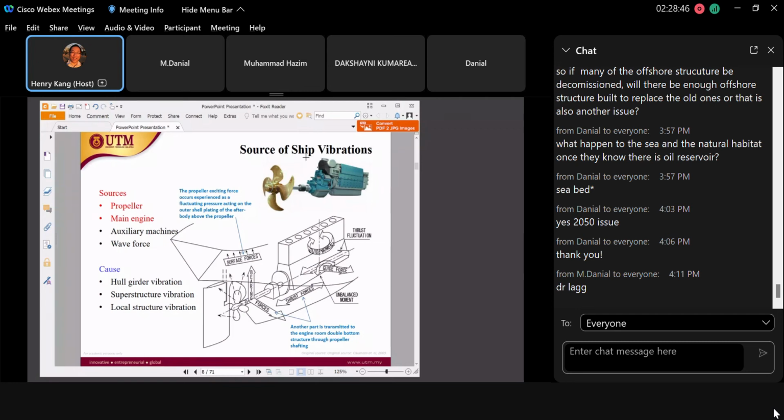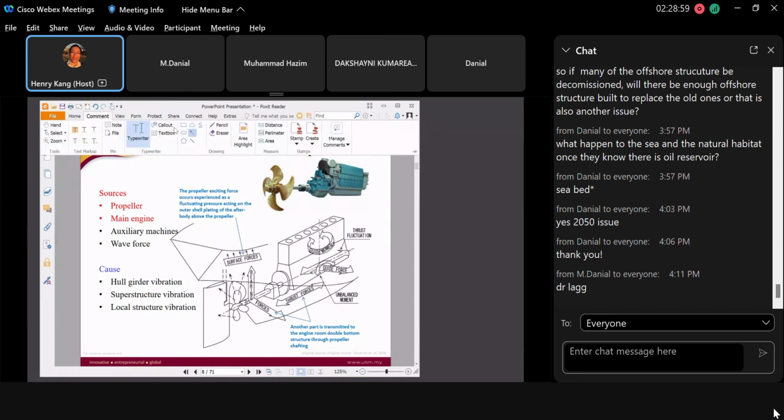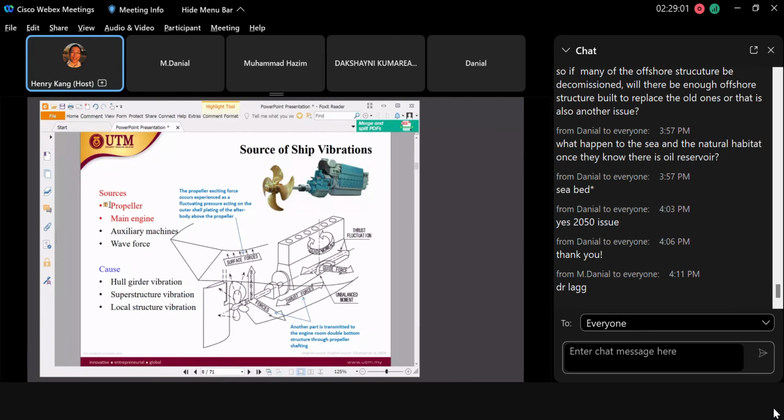Okay, then come back to the source of ship vibration. When we're talking about ship vibration, where does it come from? It comes from two main sources internally, which are the propeller and the main engine. These are the two main sources. Definitely, waves come from the external.